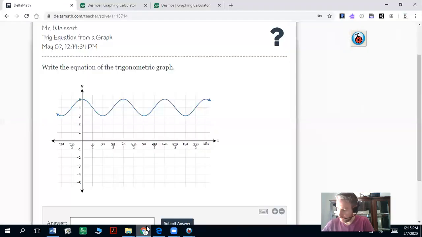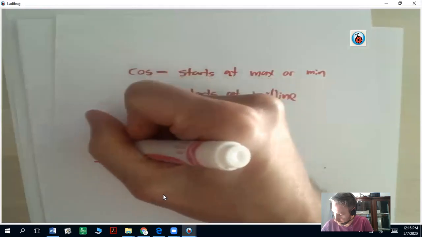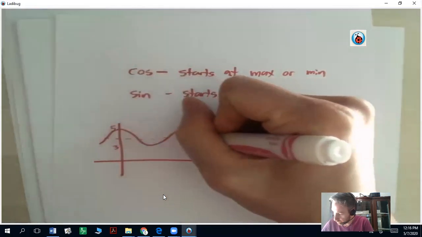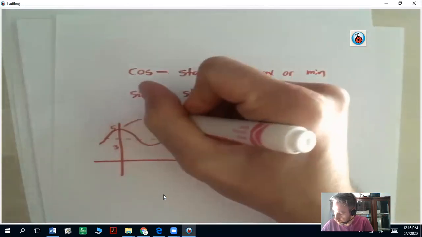Let me draw this out real quick. So it starts at the max, and it's a cosine, and it has a midline of 4. And it has a minimum of 3. So it's cosine.